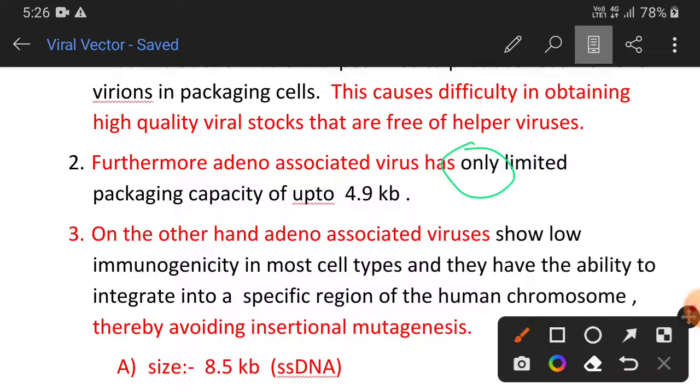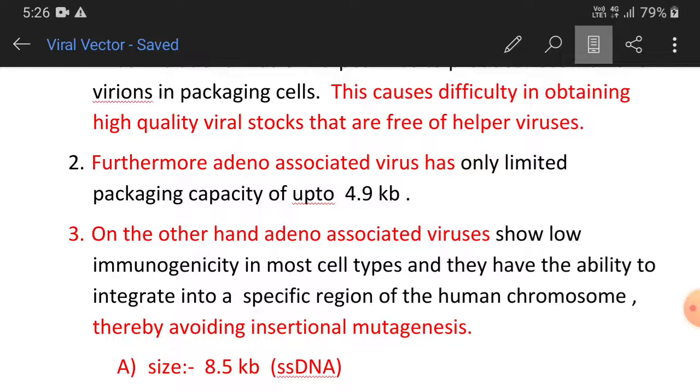One more time, after entering the human cell, it will integrate its genomic material at a specific site in the human chromosome, and this is known as site-specific integration. This phenomenon bypasses the chance of insertional mutagenesis that we are facing in the other types of viral vectors we have discussed until now.